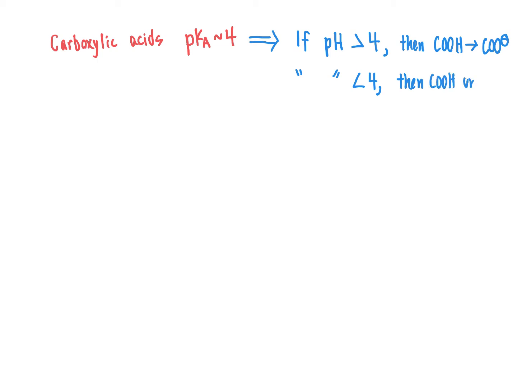So the COOH is unchanged. So what this is telling us is that at a neutral pH of 7, carboxylic acids are predominantly found as the COO- form, because the reaction is an equilibrium reaction.